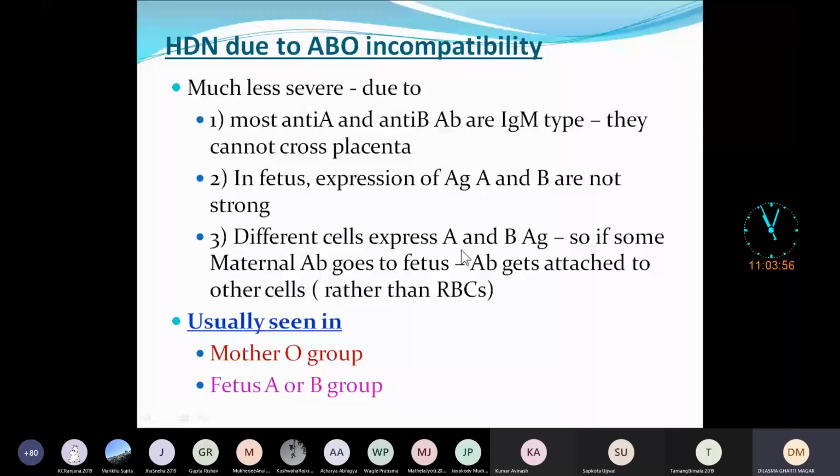Now it will not pass through, the immunoglobulin M will not pass the placental barrier, but somehow if it crosses the placental barrier, these antibodies like anti-A and anti-B, which are there in the mother because the mother is O blood group, will go and attach to the other cells rather than the RBCs. So that's why it is not very severe. Understood this slide, or should I explain it once again?